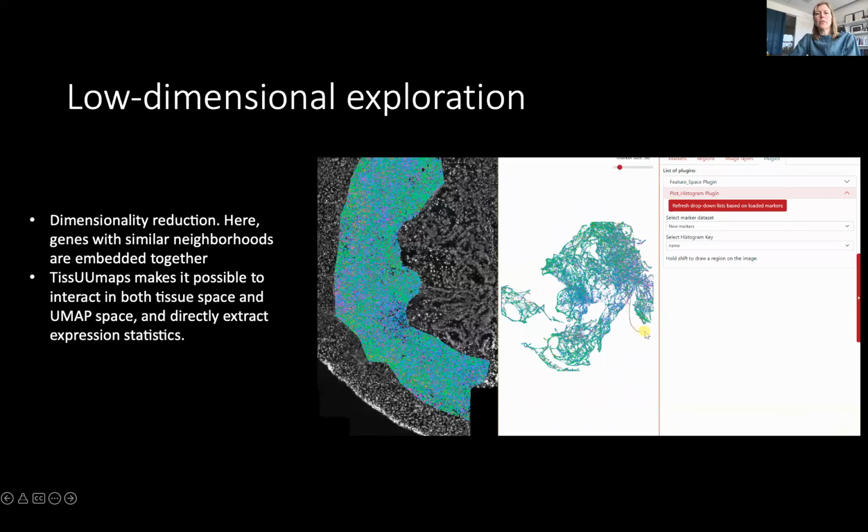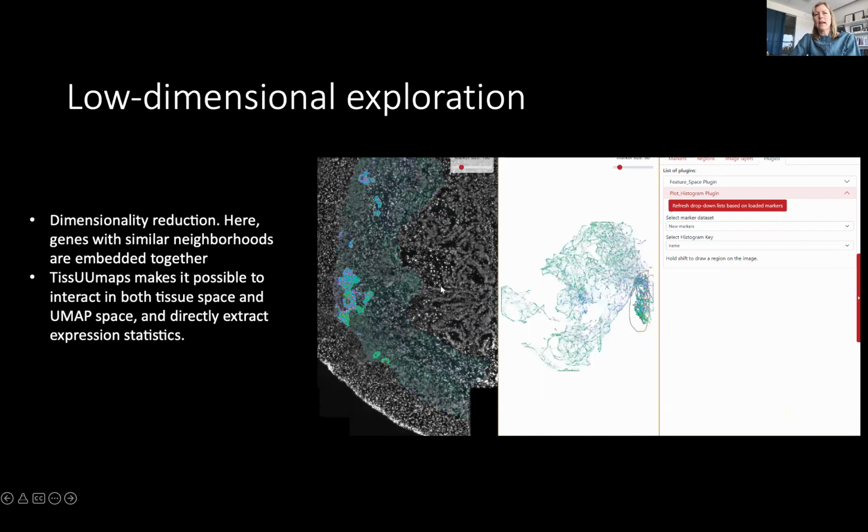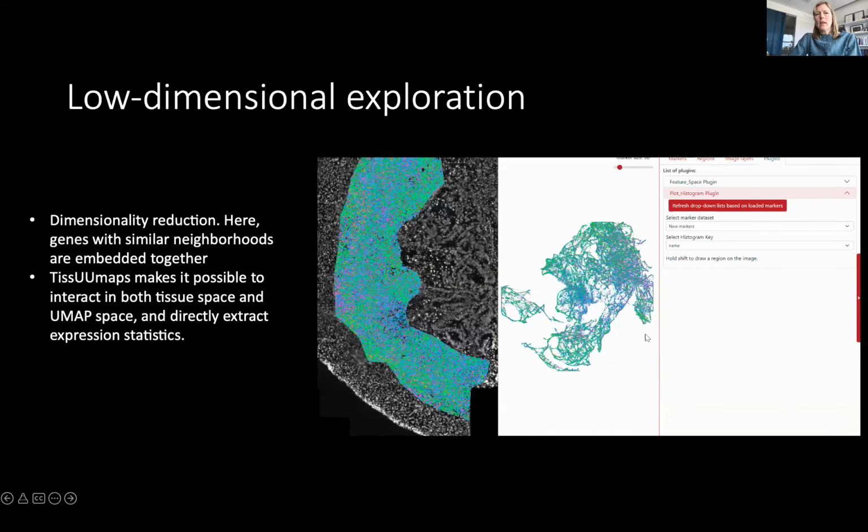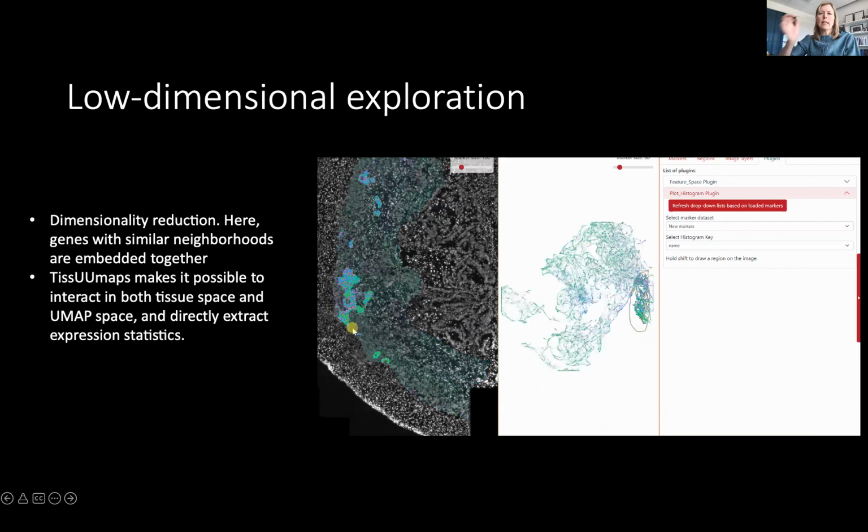It's also possible to interact with other representations of the same data at the same time as you see it in the tissue sample. Here we wanted to explore niches of similar gene expression in the tissue. And based on the region of interest, we created a UMAP embedding on genes with similar neighborhoods.